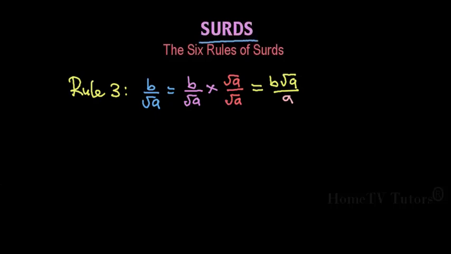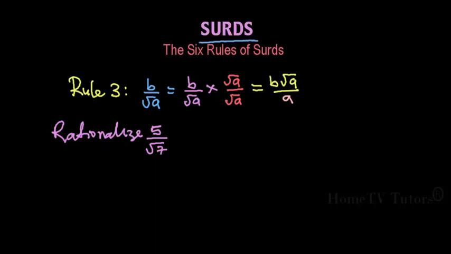So this is the third rule. Now let us see its application. Say for instance we are to rationalize 5 over square root 7.